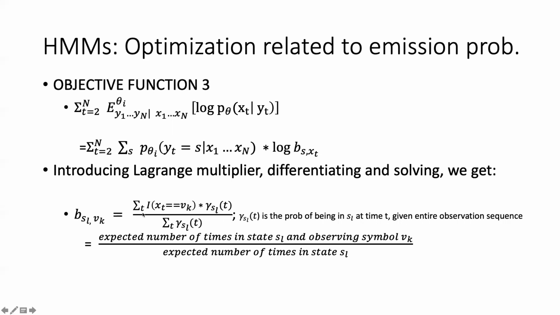So in words, we can express this as the expected number of times in state SL and observing the symbol Vk divided by the expected number of times in state SL. These are the estimates for B in unsupervised learning. Sorry, semi-supervised learning.